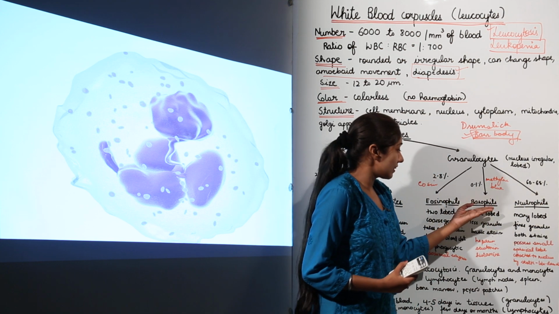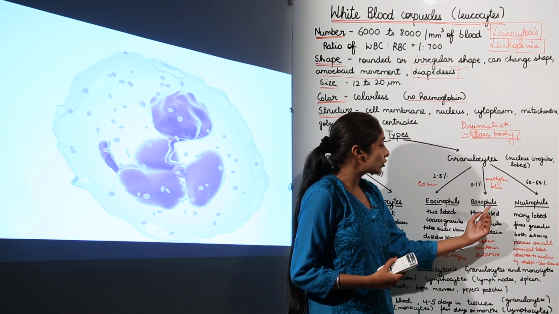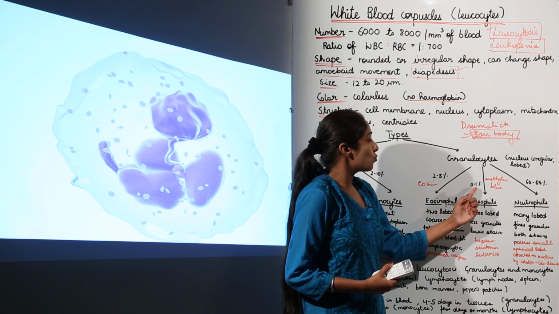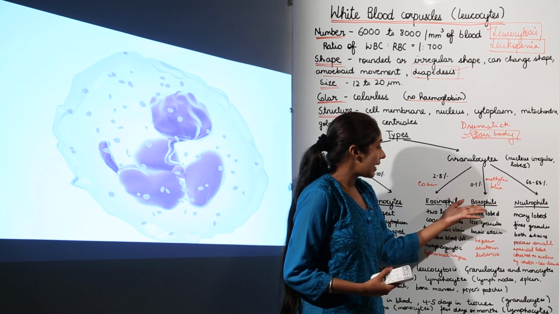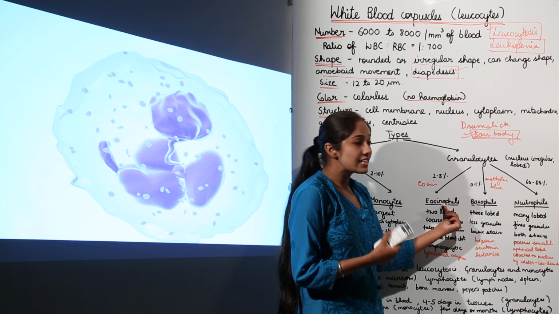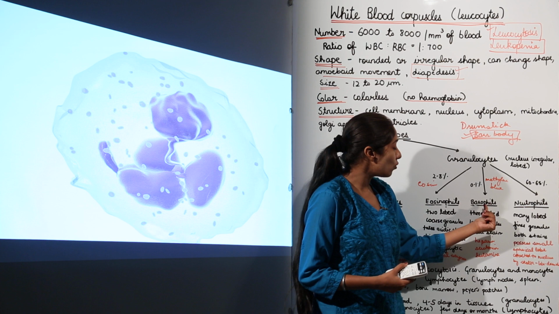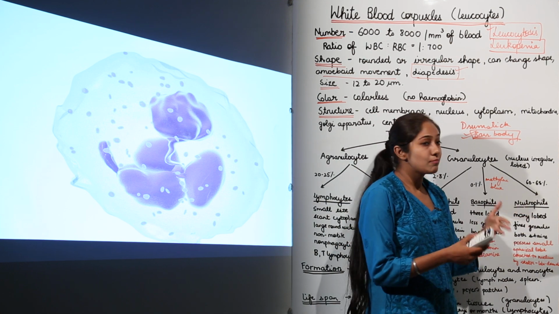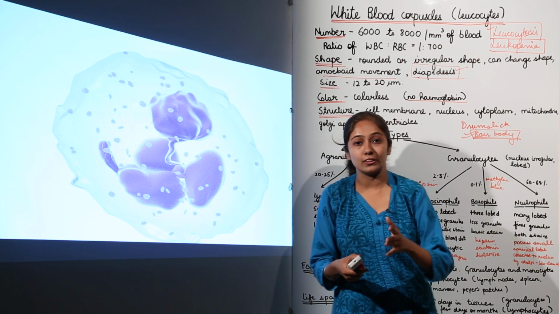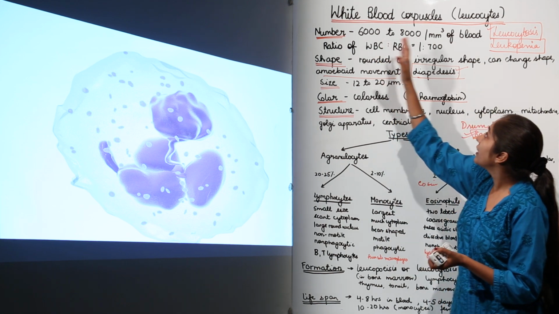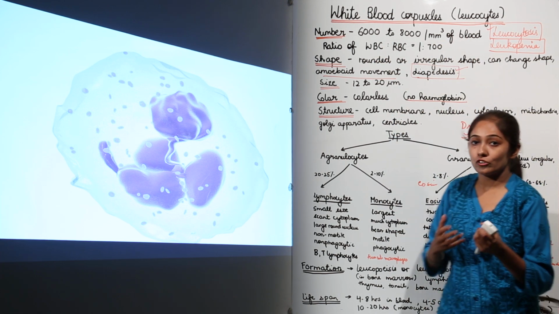However, the least number of cells is of basophils, only 0 to 1%. And they are stained accordingly. Eosinophils, acidic stain, that is eosin; basophils, basic stain, that is methylene blue; and neutrophils are neutral, they can be stained by both the dyes, acidic also and basic also. So I hope that white blood corpuscles, leukocytes are now clear to you.